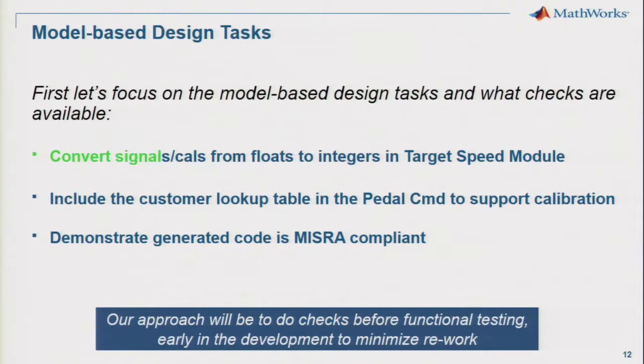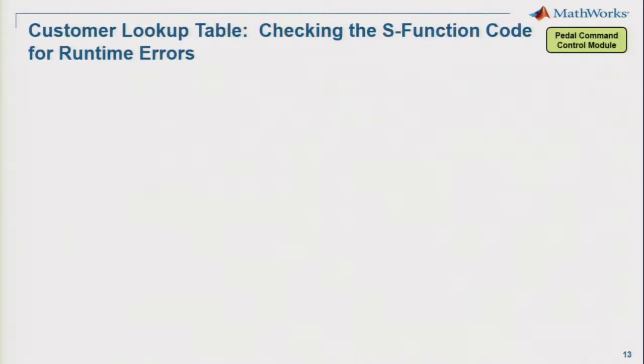Okay, so we've done that. And now we're going to look at including this lookup table to support calibration. And I think you've done some work in this area, right, that can help us? Yes, Chuck.